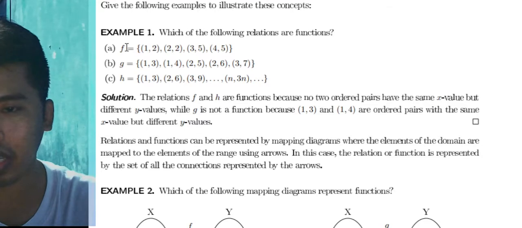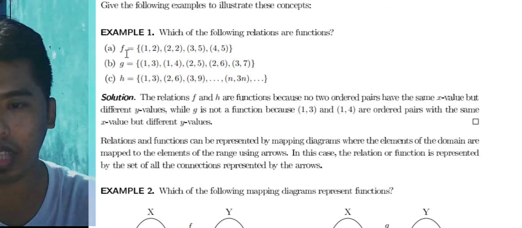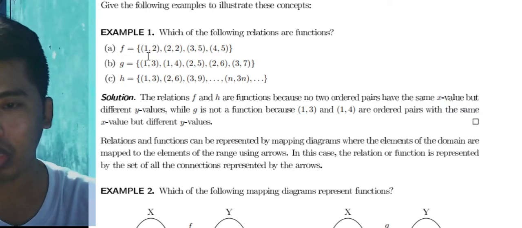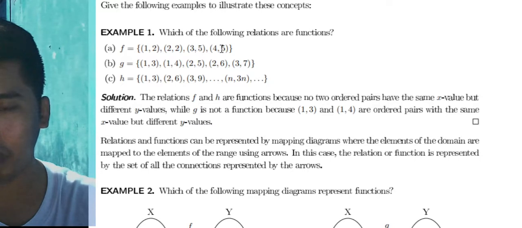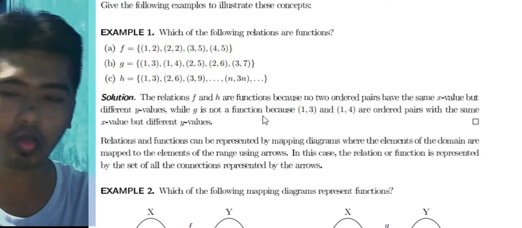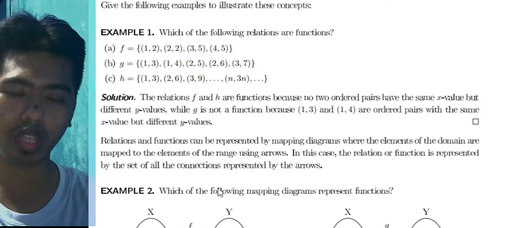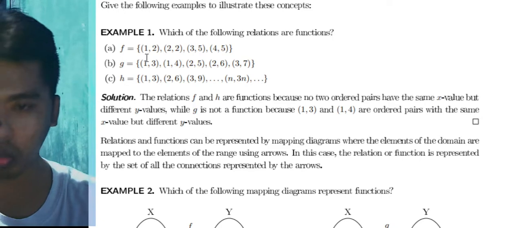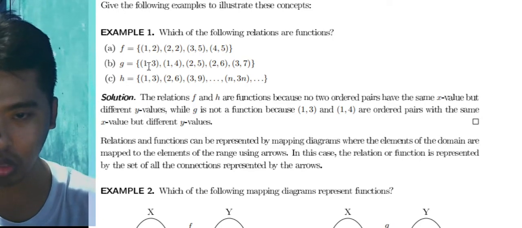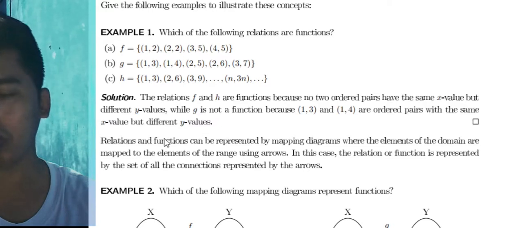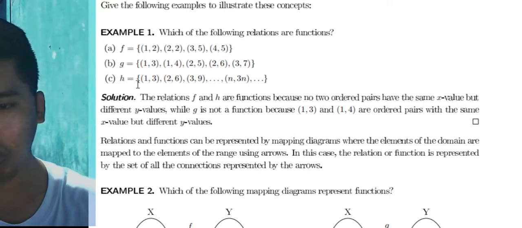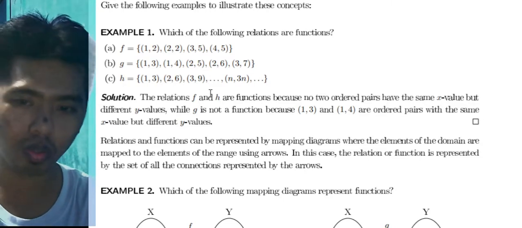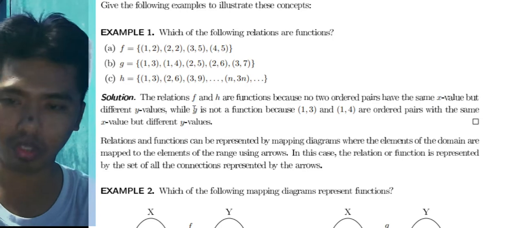We have set F, or simply F, equal to the ordered pairs (1, 2), (2, 2), (3, 5), (4, 5). What we're going to do here is look at which is a relation and which is a function. F, G, and H, of course, all of them are relations. But let's look for functions.